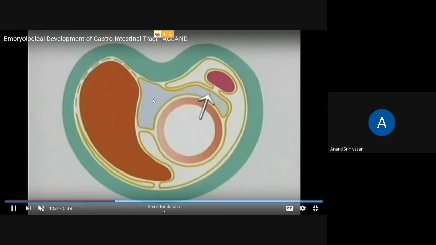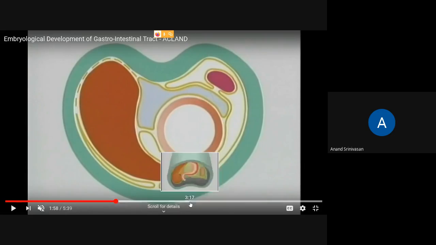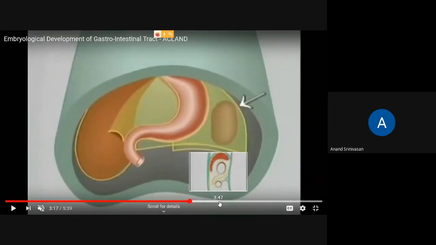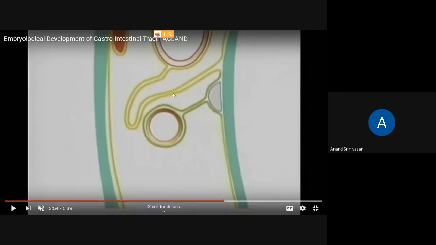This is the cross section, the transverse section. In the sagittal section, this is the lesser sac and this is the greater sac.